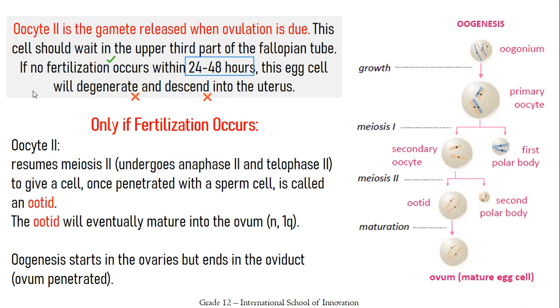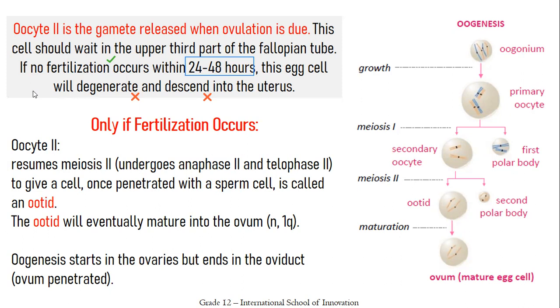What happens if fertilization occurs? Oocyte 2 will continue meiosis 2. Didn't we say that it is blocked at metaphase 2? And we know that the stages of meiosis are prophase, metaphase, anaphase, telophase.